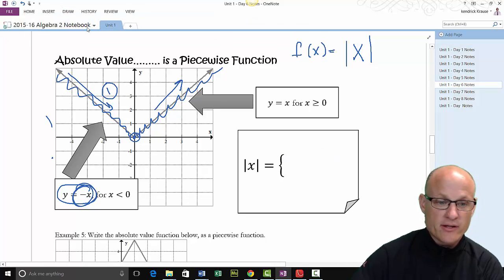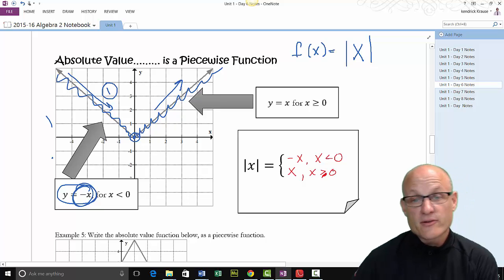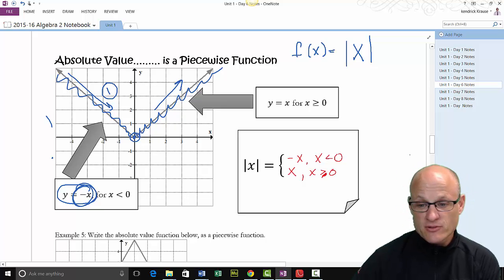It looks like some juvenile did it. It's equal to negative x so long as x is negative or less than 0, because think about it. If you plug in negative 5, negative 5 is positive 5. Or it's just equal to x so long as x is equal to 0 or greater than 0. And that's a piecewise function. Let's take a look at one.